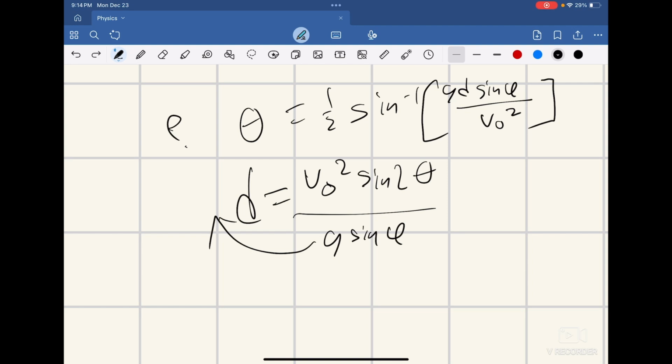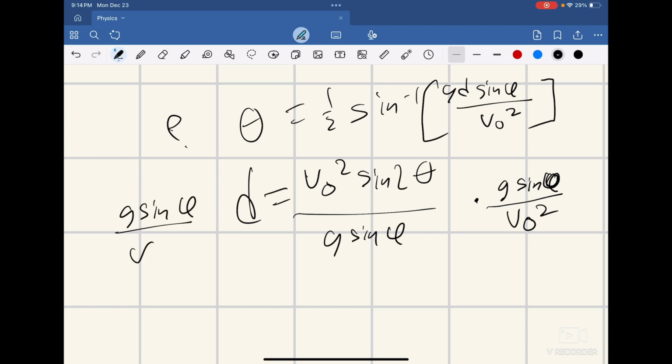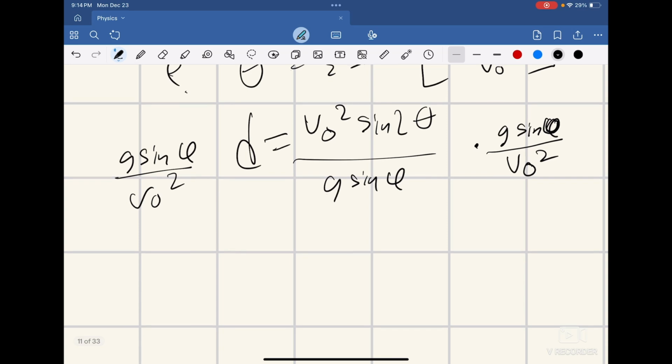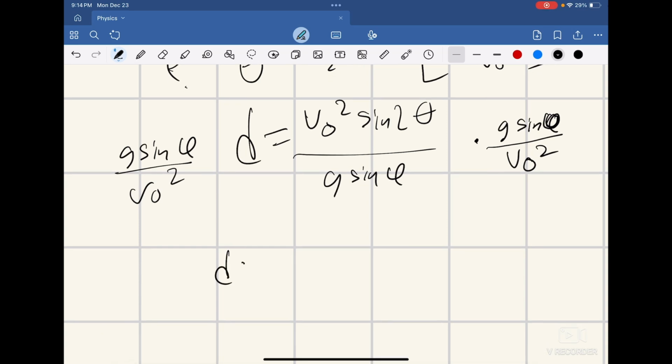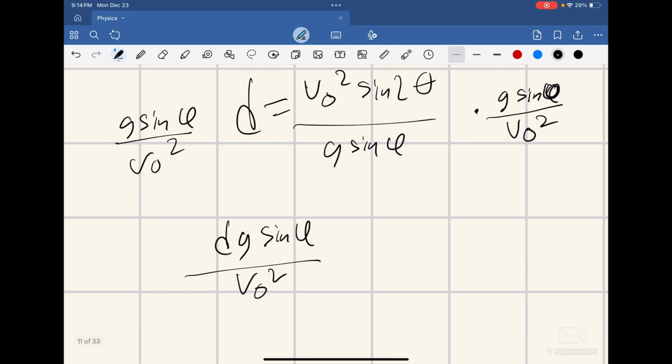So all we have to do is multiply both sides by G sine phi and divide both sides by V initial squared. And we're left with G D sine phi over V initial squared is equal to sine 2 theta.